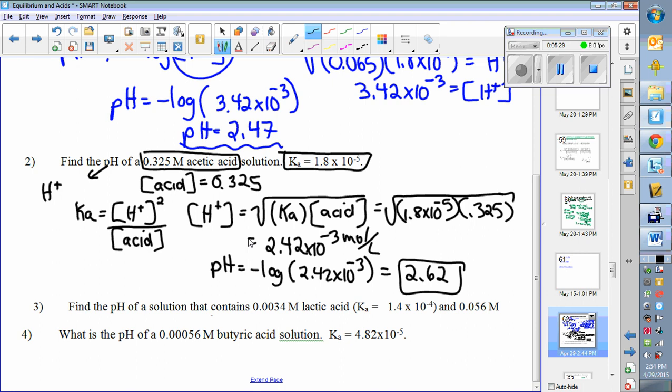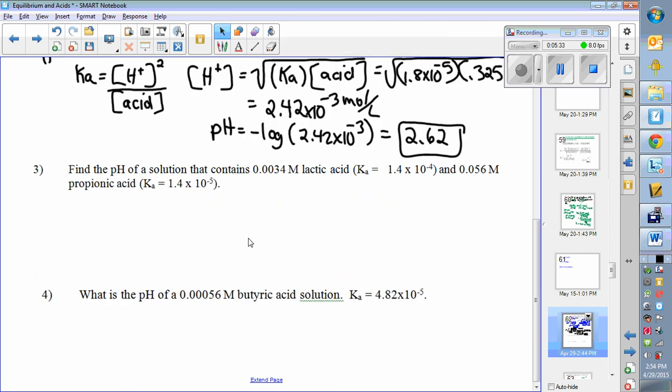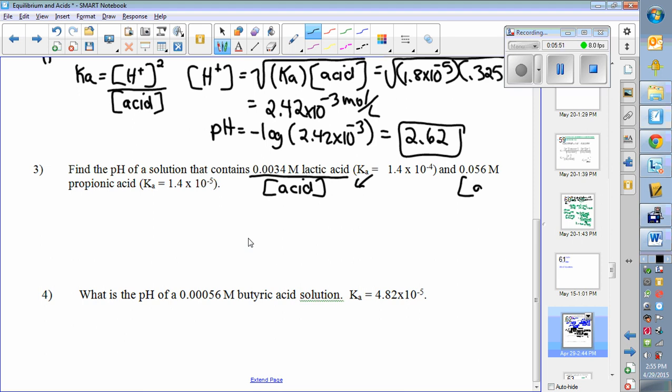All right, so the next two ask the same deal, so 2.62 for that one. Here they want to know what's the pH of a solution that has this concentration of acid. This is our concentration of acid, and this is our Ka. And then you also have another concentration of a second acid and a second Ka.